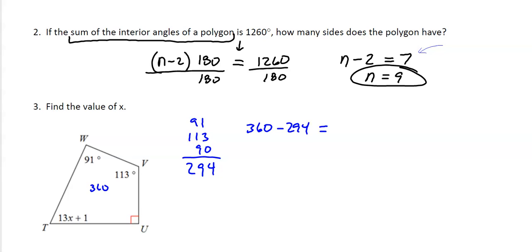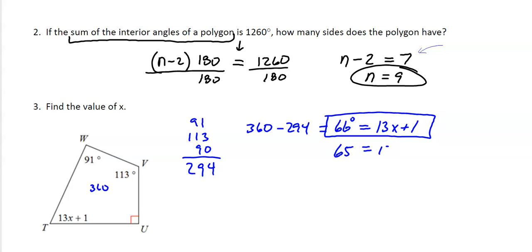That means we are short by 66 degrees. So that tells me how much the 13x plus 1 has to be. This is my equation I'm going to start solving. I subtract the 1 from both sides, I divide, and boom, we get x equals 5.